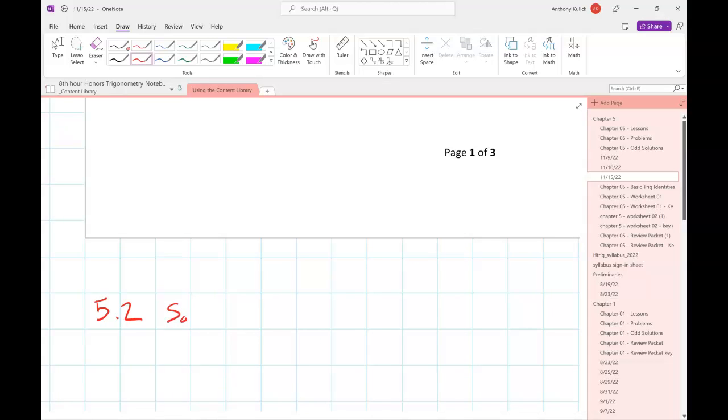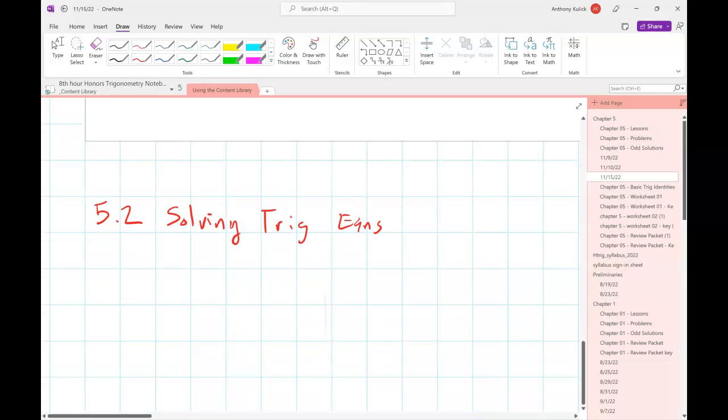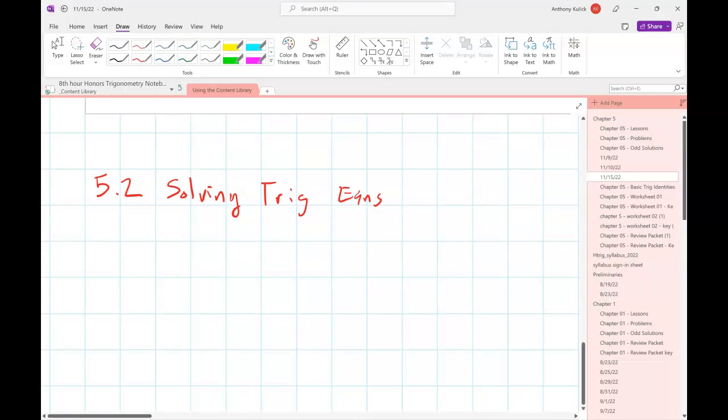But for now, for today, we're going to circle our way back to section 5.2 and talk about solving trig equations. All right.